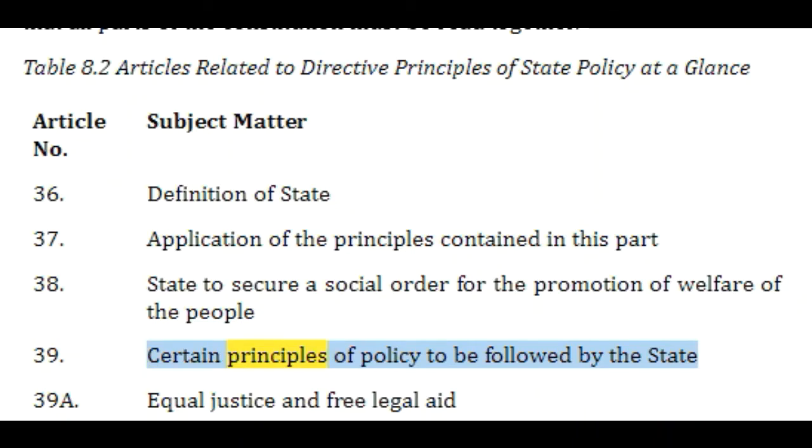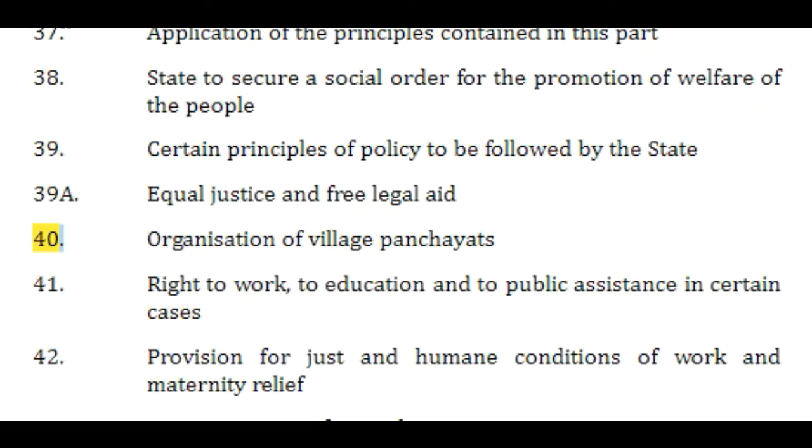Certain principles of policy to be followed by the state. 39A. Equal justice and free legal aid. 40. Organization of village panchayats. 41. Right to work, to education and to public assistance in certain cases.